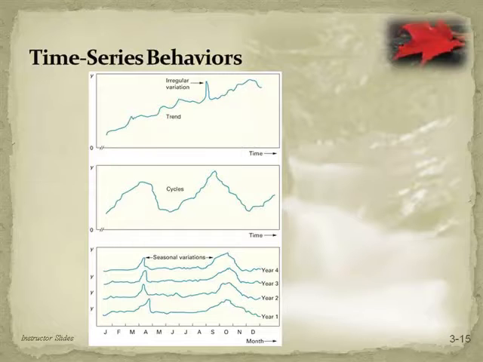Since World War II, the average time between recessions has been about 7 years. Now that's an average. That doesn't mean that it always occurs every 7 years. It could be more than 7 years. It could be less than 7 years. So in the year 2000, we had a recession. In the year 2007, we had another recession.